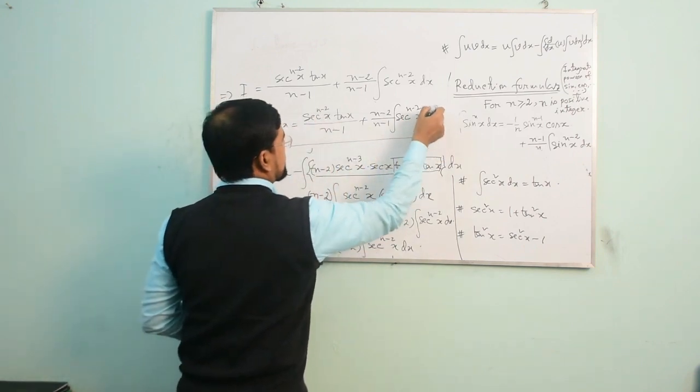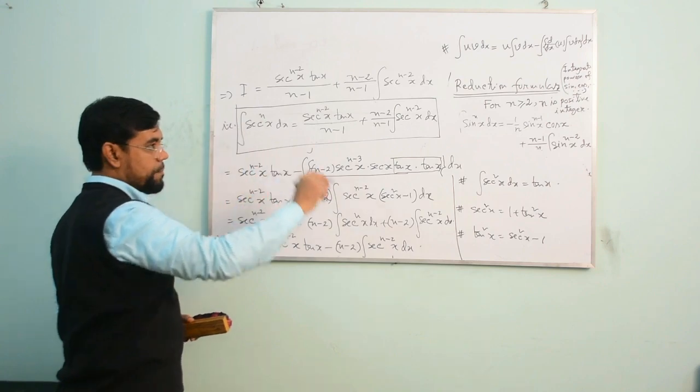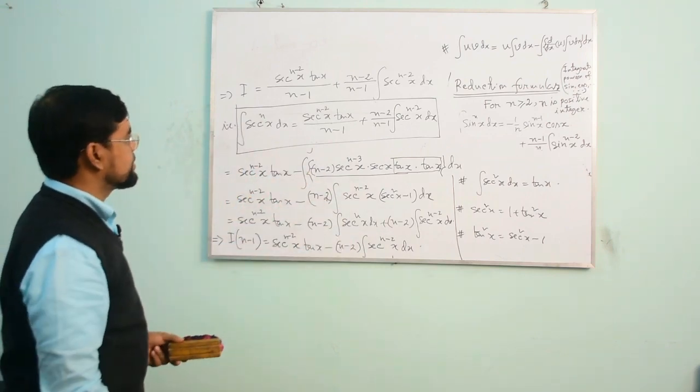This is the reduction formula for sec to the power n x.